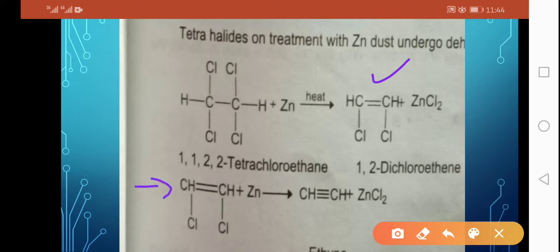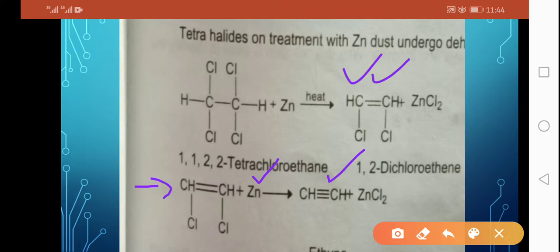So the reaction will lead to the second step, in which we have the product of the first step, 1,2-dichloroethene, and this 1,2-dichloroethene again will react with zinc. Both reactants will be heated, and as a result we will obtain a carbon to carbon triple bond, that is an alkyne, our concerning product, which here is named ethyne.